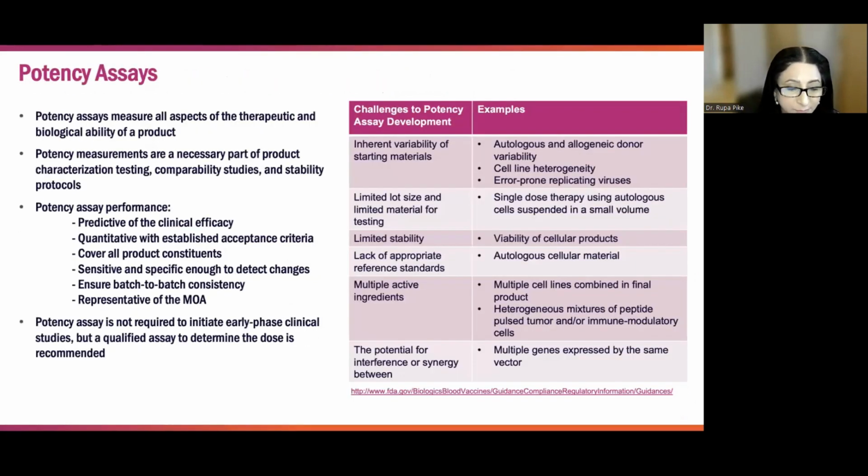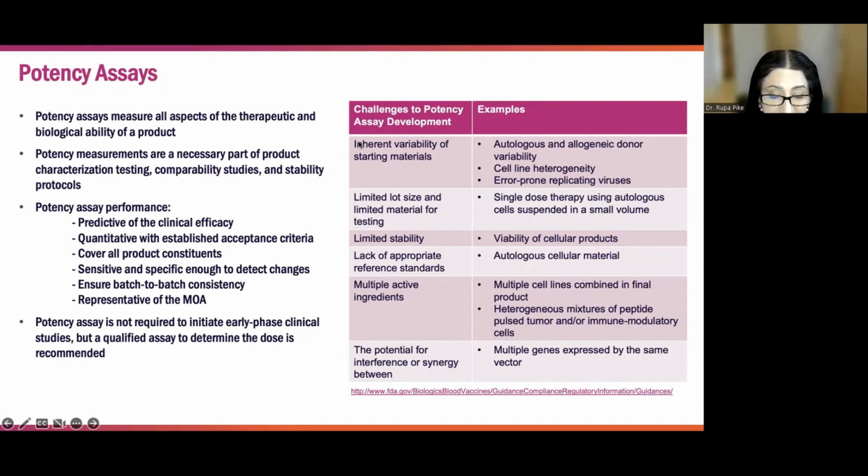So we would be remiss to not talk about potency assays, right? Potency assays are critical as they measure all aspects of the therapeutic and biological ability of a product. They are a necessary part of product characterization, testing, comparability studies, and stability protocols.